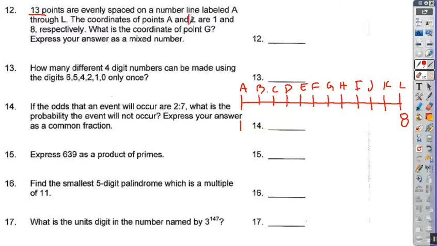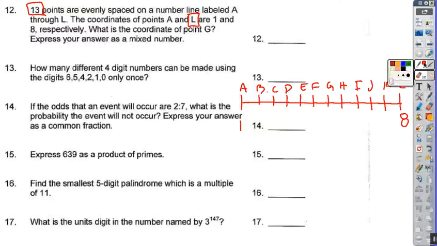L is the 12th letter in the alphabet, and it states 13 points here. So I have some understandable concerns with this problem, but we are going to go ahead and make the assumption that there are 13 spaces. Okay? So that is the assumption I'm going to make, and I'm going to do the problem using that.